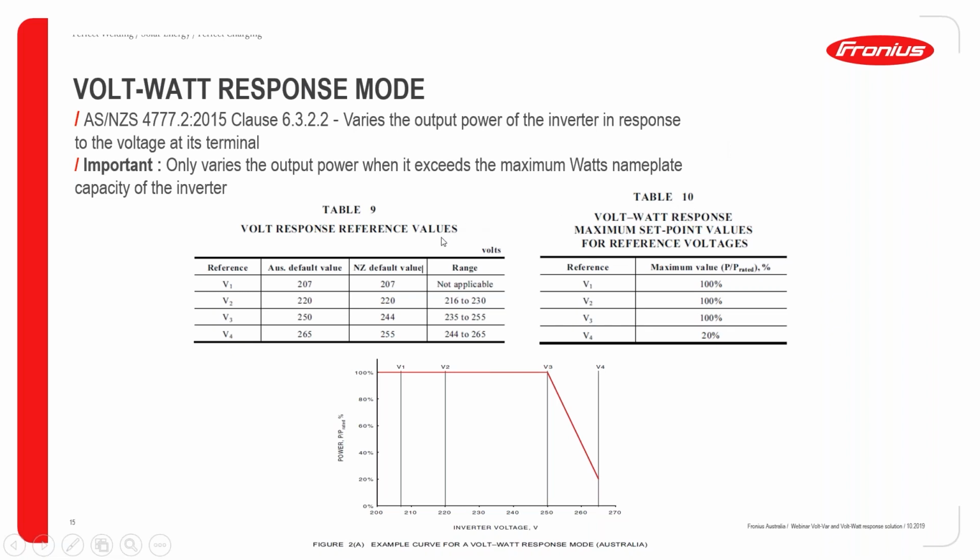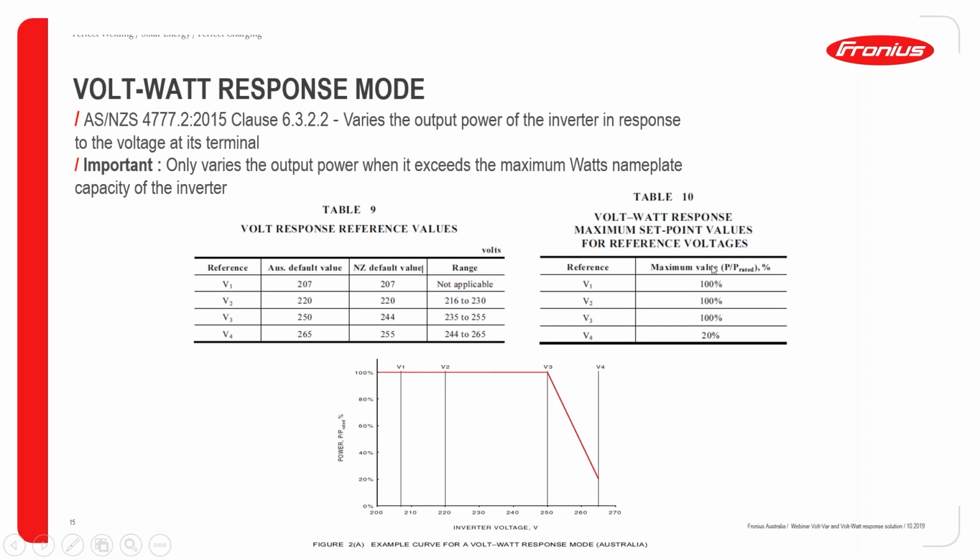As you can see here, those tables are already specified in the standard. In that table we have 4 AC voltage values given. Again, this is for the New Zealand default voltage, so if you are in New Zealand, then you need to consider these voltage values. And these are the Volt-Watt response set point values.